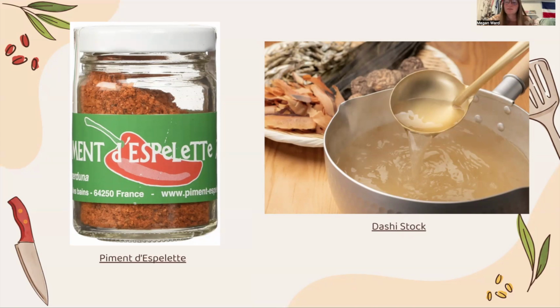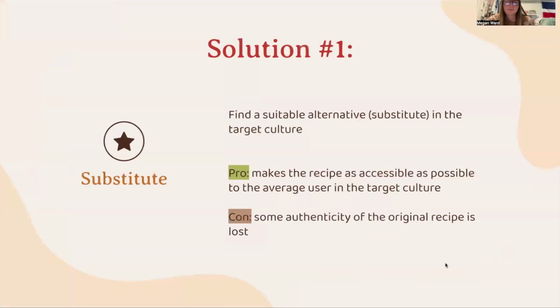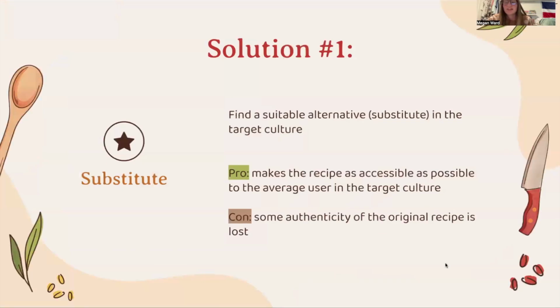It's a stock that's made out of seaweed and bonito flakes, and there's not an equivalent of this in Western culture. So when you translate recipes from Japanese, it's very difficult to get that exact same flavor that the dashi stock has.